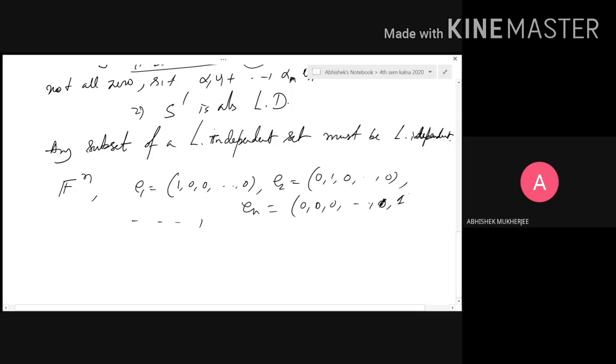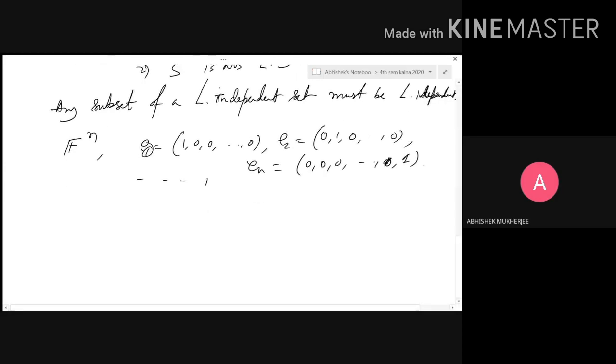The indexing is due to the place where the 1 lives. These vectors form a linearly independent set.